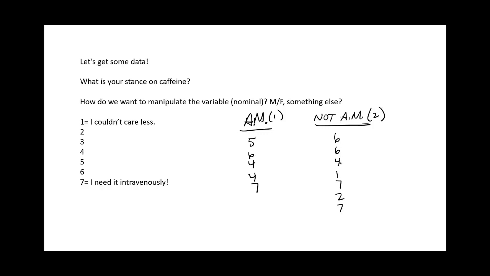That means we have 12 people. We have n equals 7 in one group and n equals 5 in another group. So we have to walk through this hypothesis testing procedure, and we're going to do it step by step.